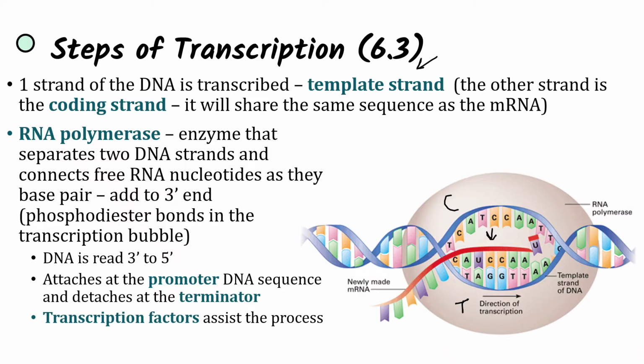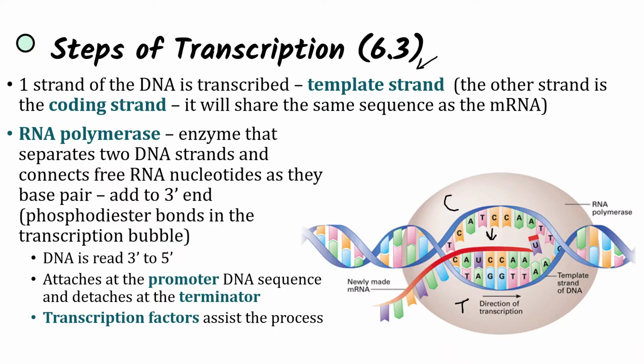It separates the two strands and connects free RNA nucleotides as they base pair, adding them to the 3' end of the RNA, and the DNA is read 3' to 5' so that the RNA can become anti-parallel and run 5' to 3'. And so the RNA polymerase is going to attach at the promoter DNA sequence and detach at the terminator DNA sequence because only a certain amount of the DNA needs to be transcribed for certain purposes.